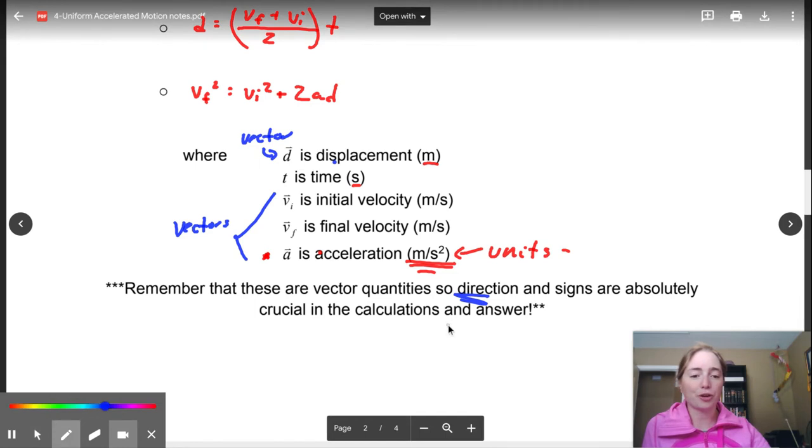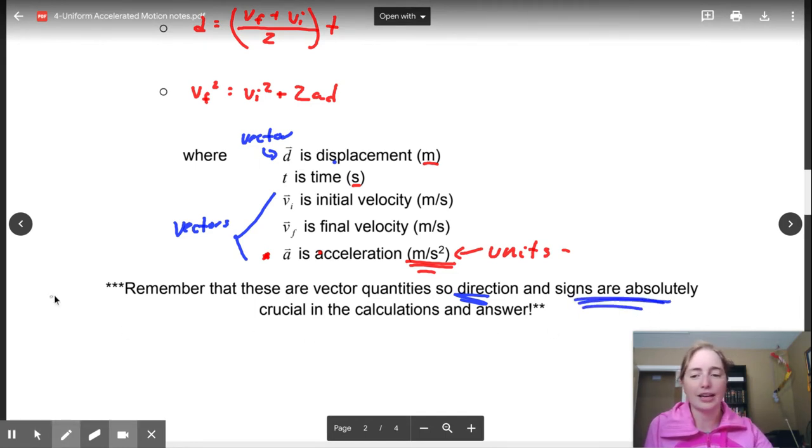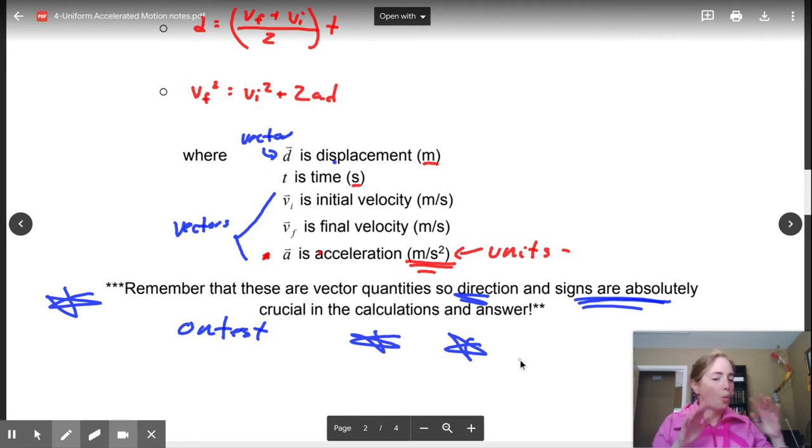So for your positive and negative signs, these are vital, okay? On test, put lots of stars. Watch those positives and negatives, okay? It's going to become super important as we get farther and farther into the course, your positives and negatives, depending on what direction you're going. It's going to be super important. All right? Okay.